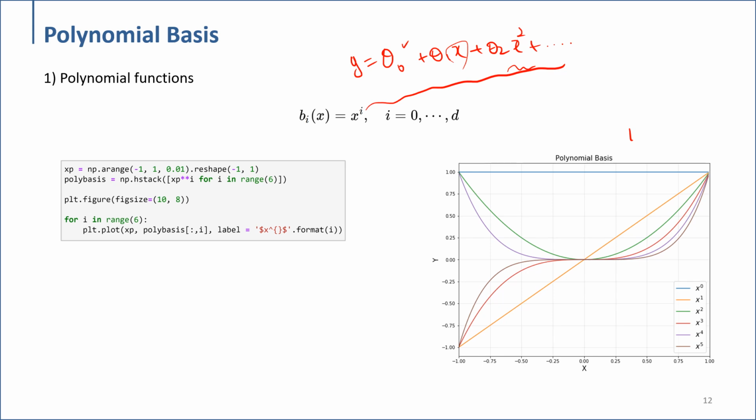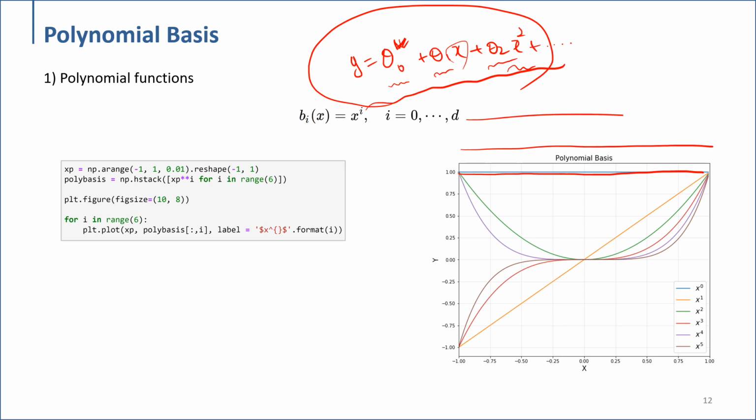When we think of polynomial regression as function approximation, the meaning of regression is finding the proper coefficients for these bases. Let's say if you increase theta 0, then the polynomial basis function would change like this.